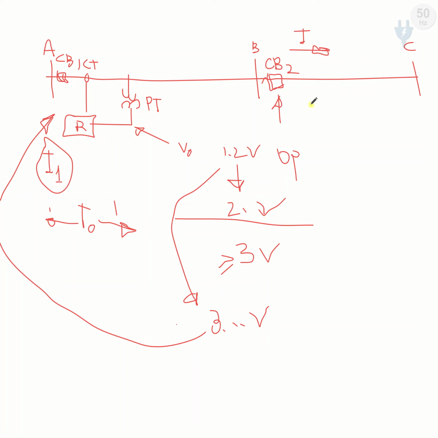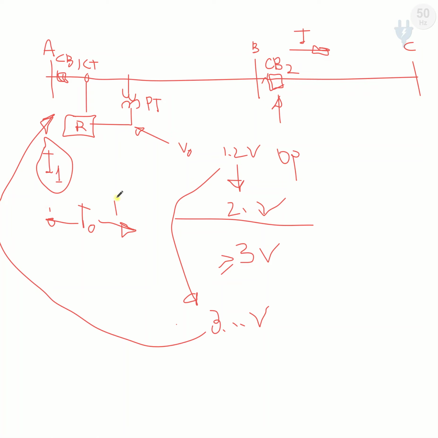If this CB is opened, then there is a huge change in the positive sequence current of the system. By comparing these two values, the relay will understand that I1, the positive sequence current after T0, is almost 0, and before that there was no change.